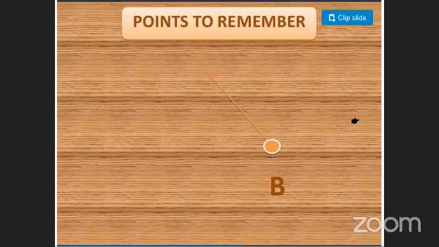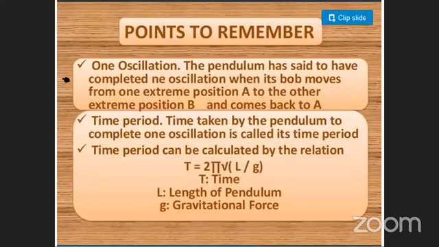It will move continuously. That moving we can call oscillation. The pendulum is said to have completed one oscillation when its bob moves from one extreme position A to the other extreme position B and comes back to A. That we can call one oscillation.